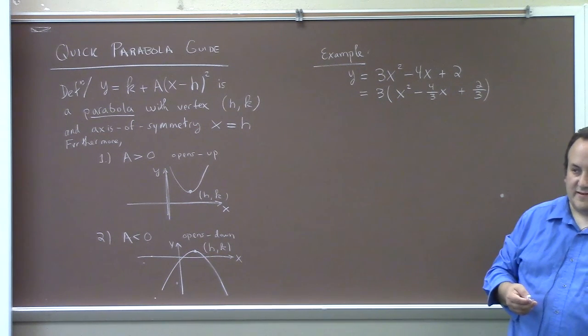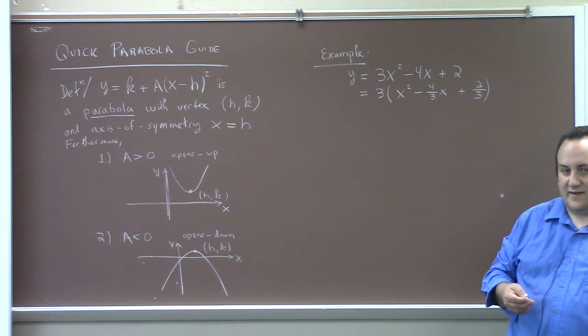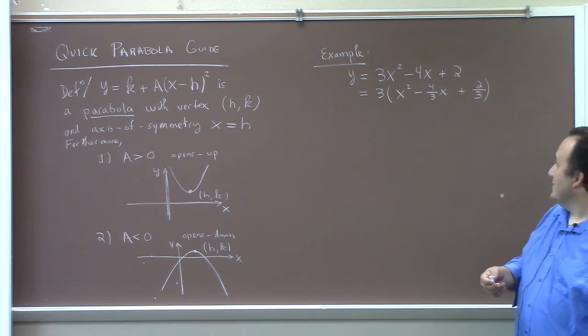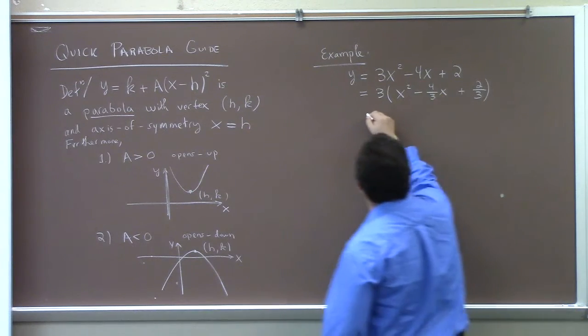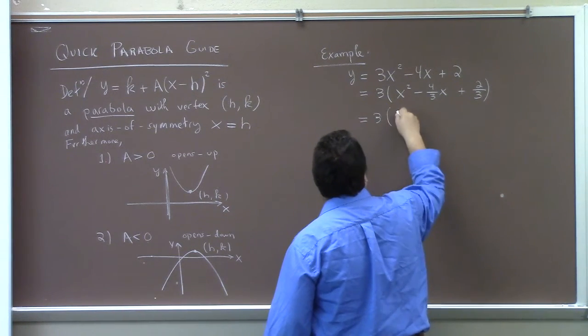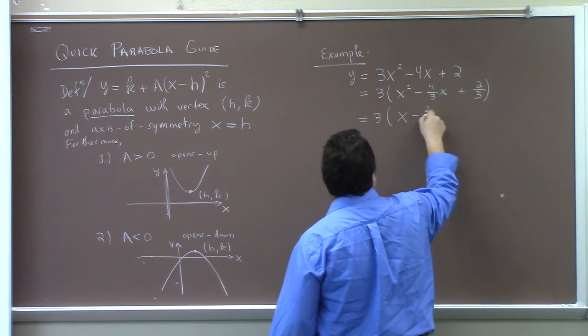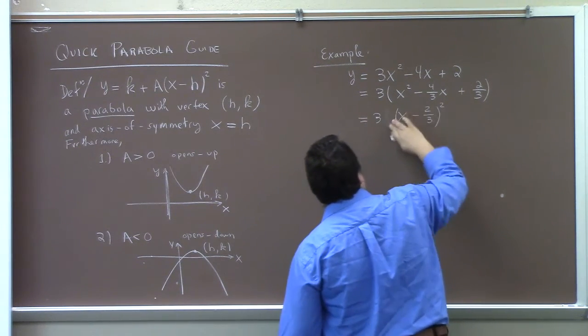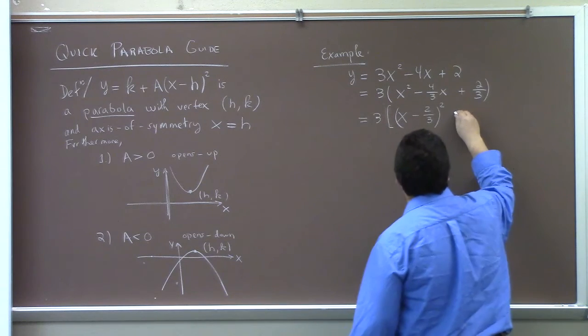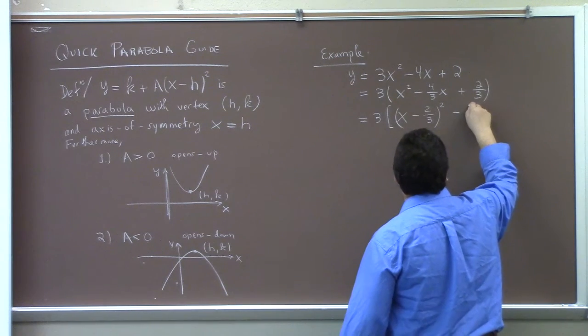Something you need to learn in here, if you haven't already. Many of you have. Complete the square. So this is x minus 2/3, quantity squared. And when I do that, I have to subtract 2/3 squared, which is 4/9.